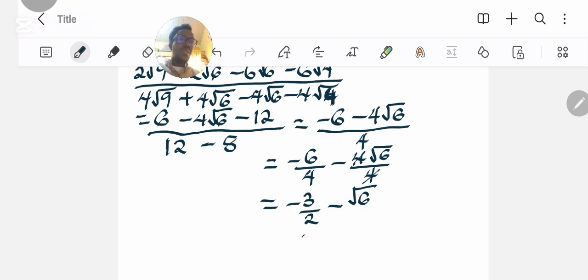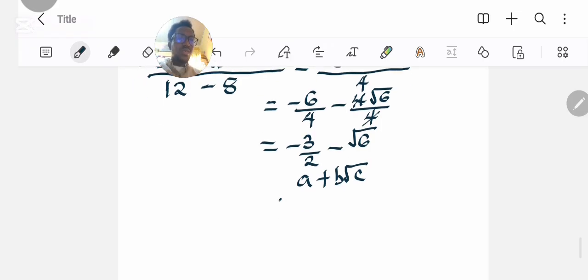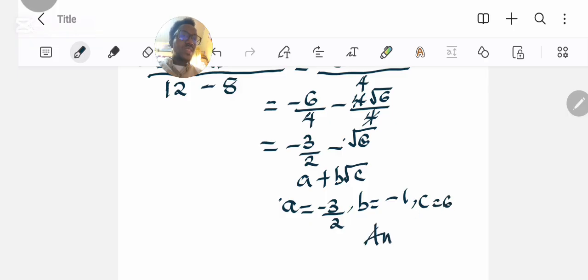So in the form of A, I think we've been asked to leave it in the form of A plus B root C. Based on what we have here now, A in this question is minus 3 over 2. B is minus 1 because B is standing as the coefficient of the root symbol. So whatever is beside the root symbol, there is an invisible 1 here, that's minus 1. And our C is the content of the root, which is 6. So that is the answer.